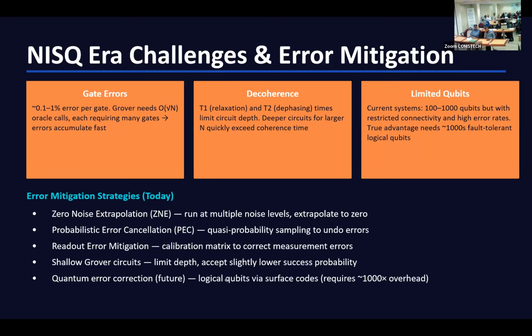So there is a limitation to be dealt with. There are different error mitigation techniques and strategies with which people are working and trying to build things that are going to work for them.